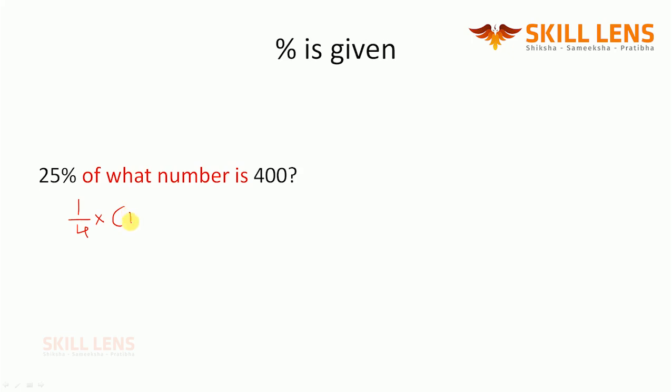I don't know the number, so 1 by 4 into N is equal to 400. From this, can I take my N value as 1600? Yes, so 1600 is going to be my answer. So when the percentage is given, this is how you can answer your questions.